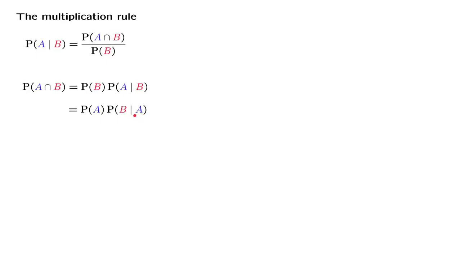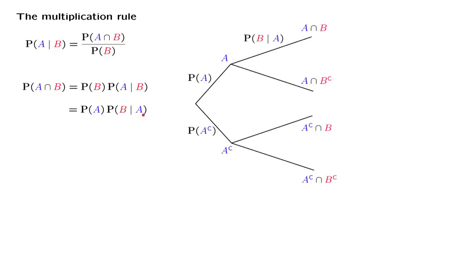We used this formula in the context of a tree diagram, and we used it to calculate the probability of a leaf of this tree by multiplying the probability of taking this branch, the probability that A occurs, times the conditional probability of taking this branch, the probability that event B also occurs, given that event A has occurred.